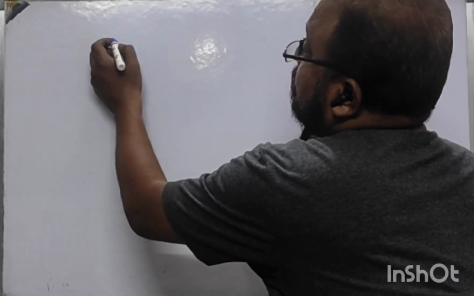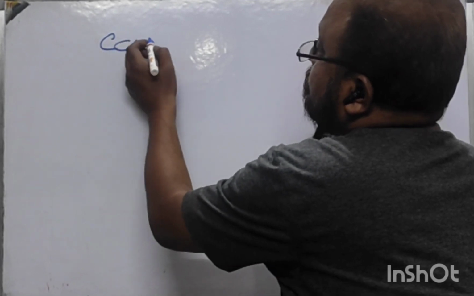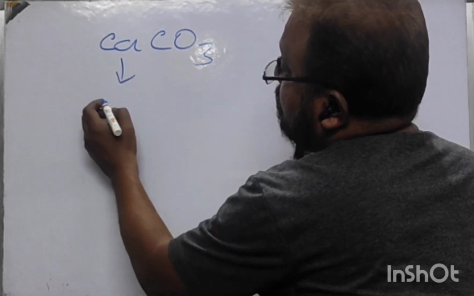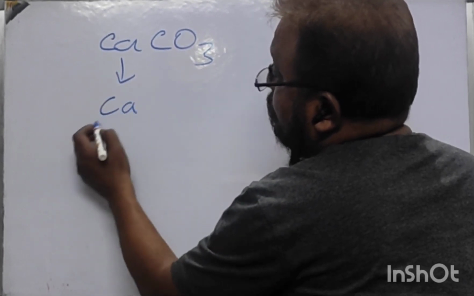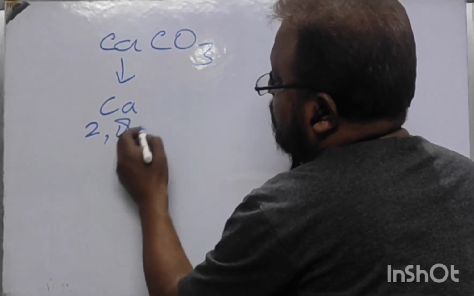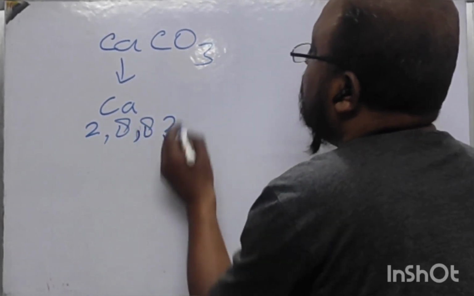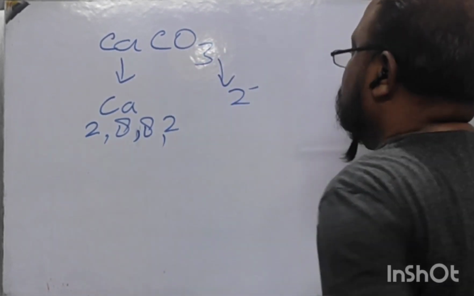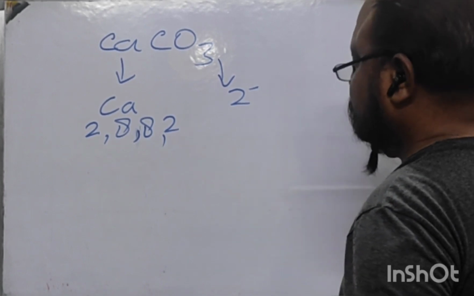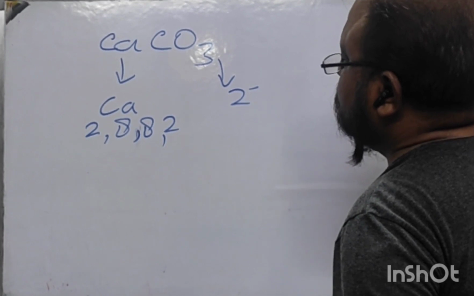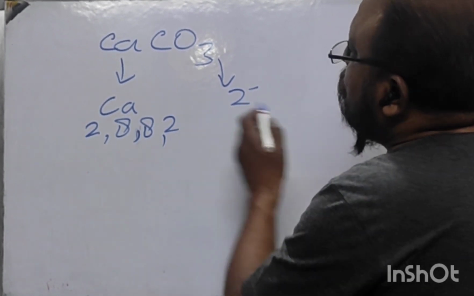If we talk about calcium carbonate, calcium is having atomic number 20, configuration 2, 8, 8, 2, right? And carbonate is having 2 units of negative charge, right? As a whole.